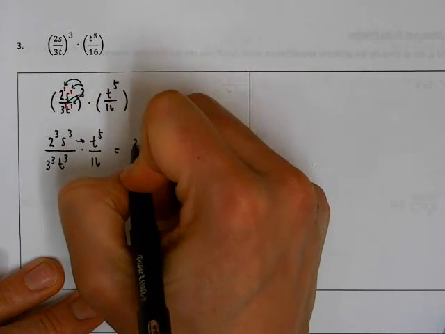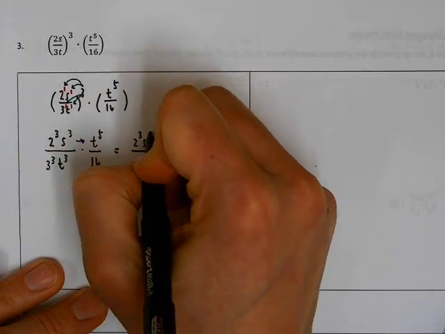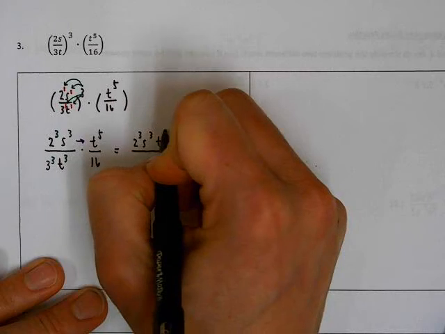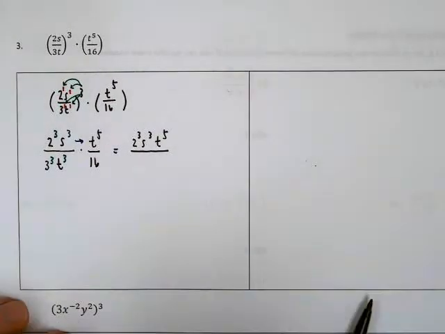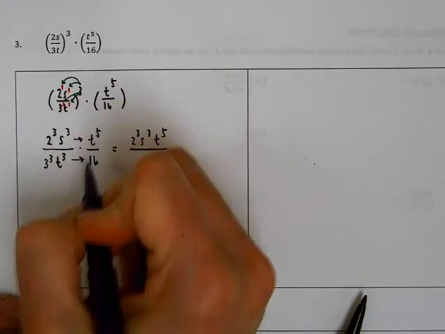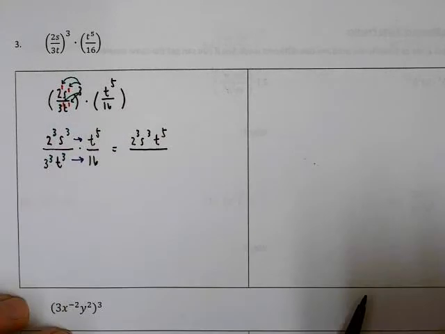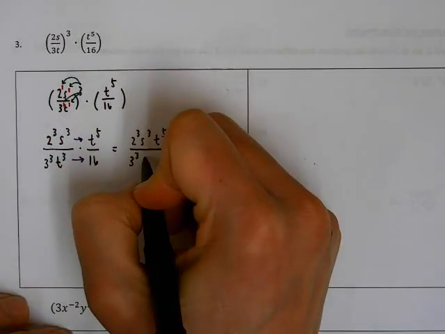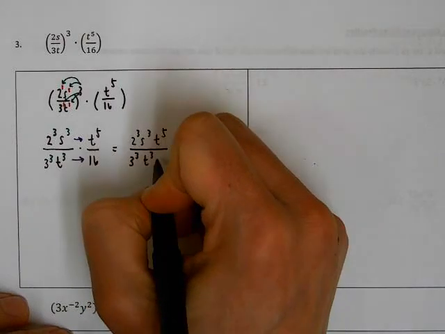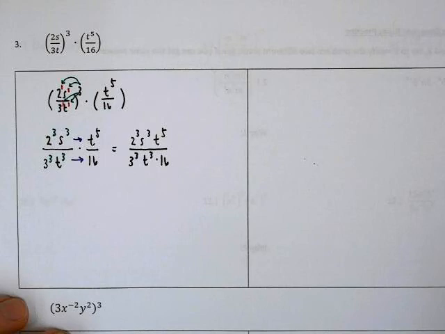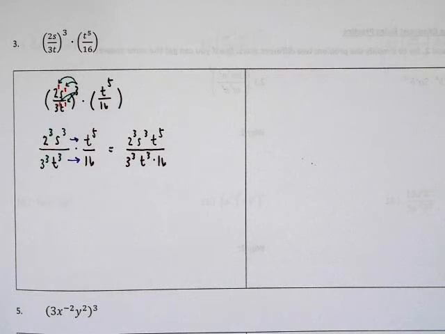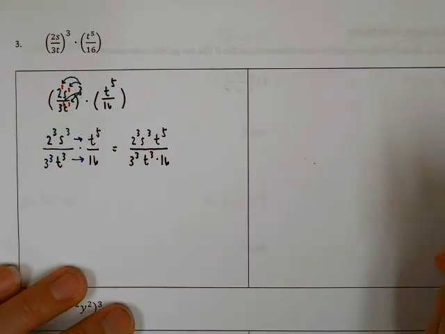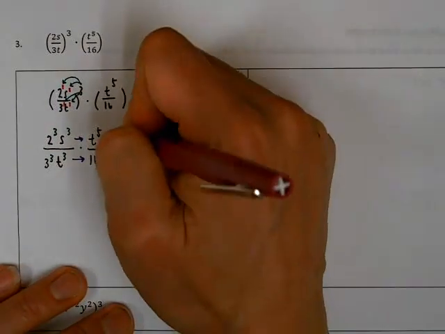I have 2 cubed times s cubed times t to the fifth. And on the bottom, I'm going to do the same thing, just multiply the bottom times the bottom. So I have 3 cubed times t cubed times 16. So now is the time where we're going to do some simplifying. I'm going to deal with these coefficients first.